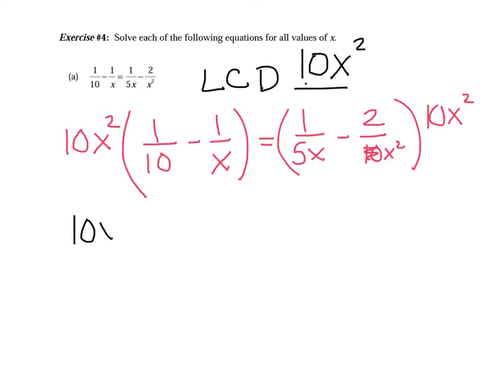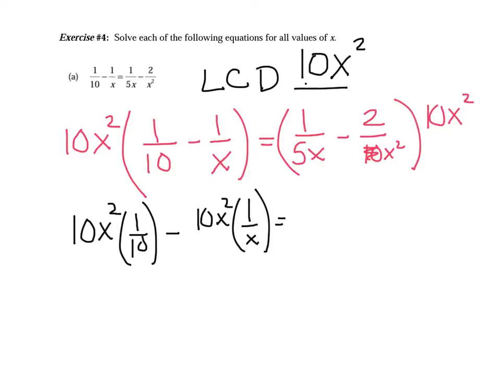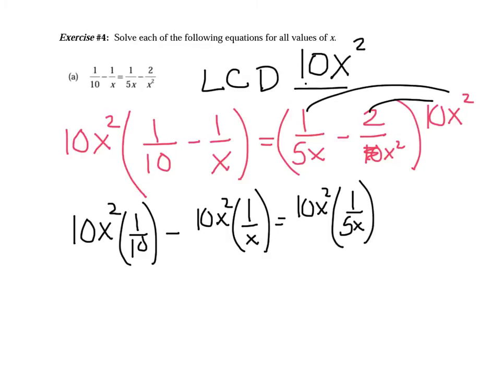So I've got 10x squared times 1 over 10. Then there's a minus sign. 10x squared times 1 over x equals, and I'm going to distribute this one. So I've got 10x squared times 1 over 5x minus sign 10x squared times 2 over x squared.